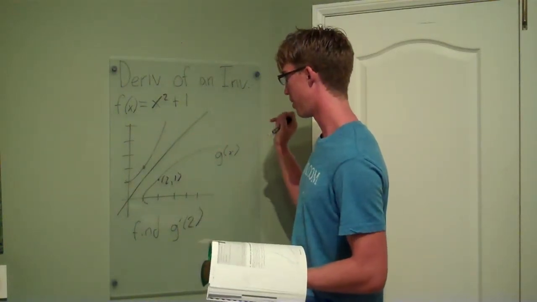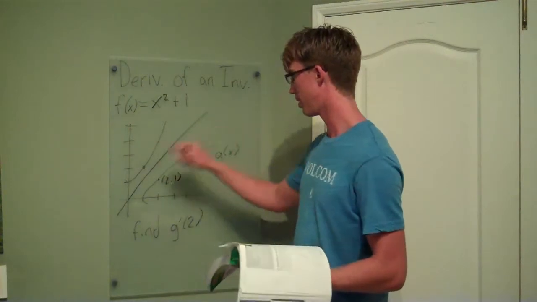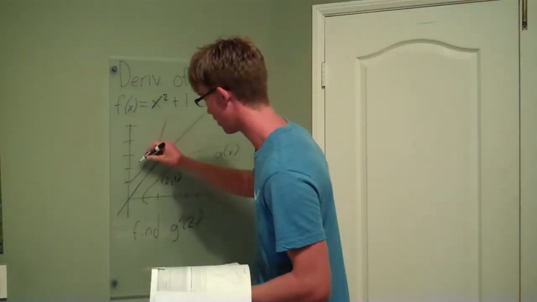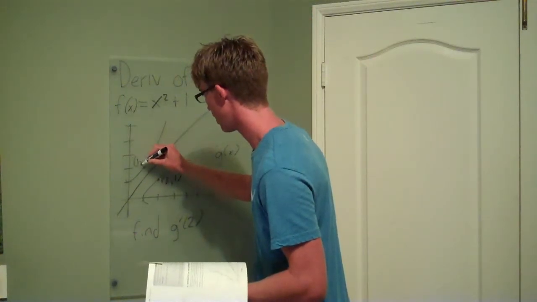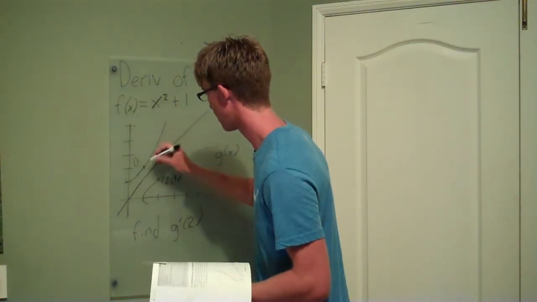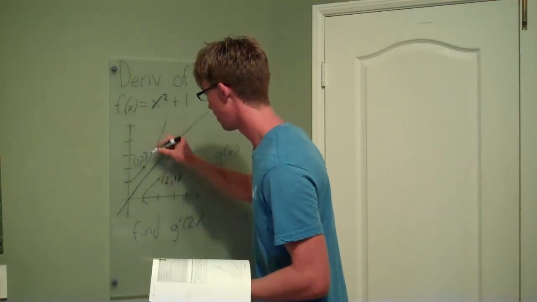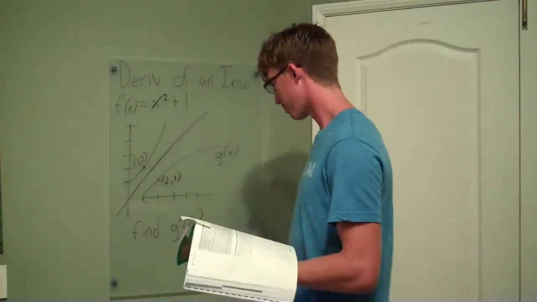And so, if you have 2, 1 here, you know that on this graph, on the corresponding point, you're going to have 1, 2. And so that's right there.